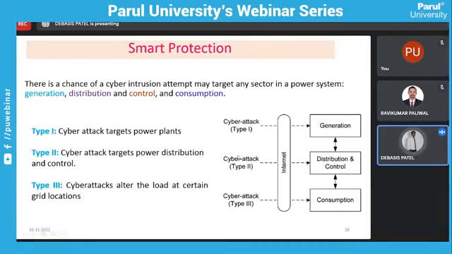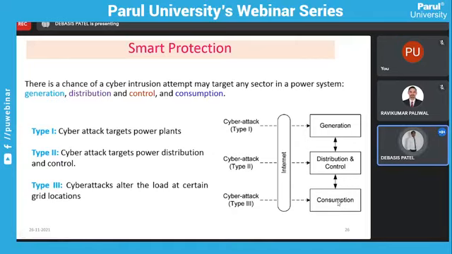The cyber attack can attack our distribution control also. They can switch off some distribution lines or distribution stations. Then cyber attacks can take place on the consumption side also.